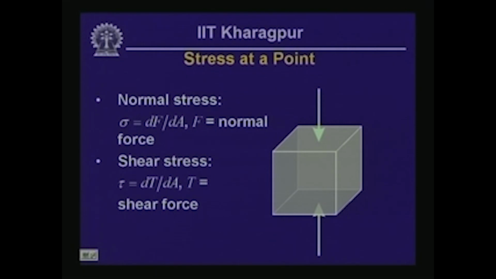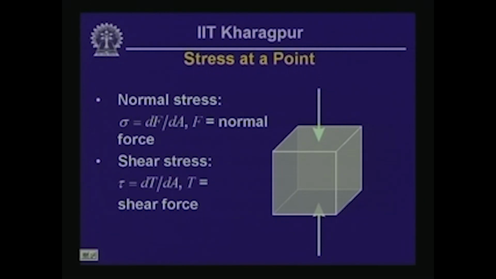In that case, the stress is going to be a normal stress, and here we are using the symbol sigma to denote normal stress, or if the force is parallel to one of the planes, then the relevant stress is going to be called shear stress, and for this type of stress we are going to use symbol tau. So then we have got two types of stresses really, one is normal stress and the other one is shear stress.